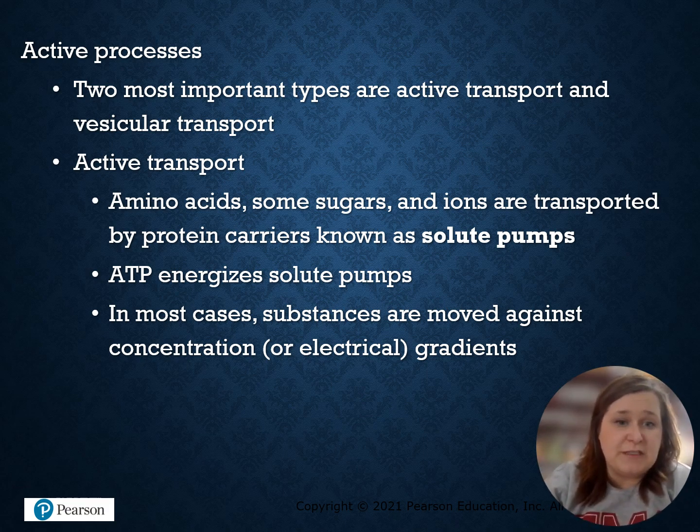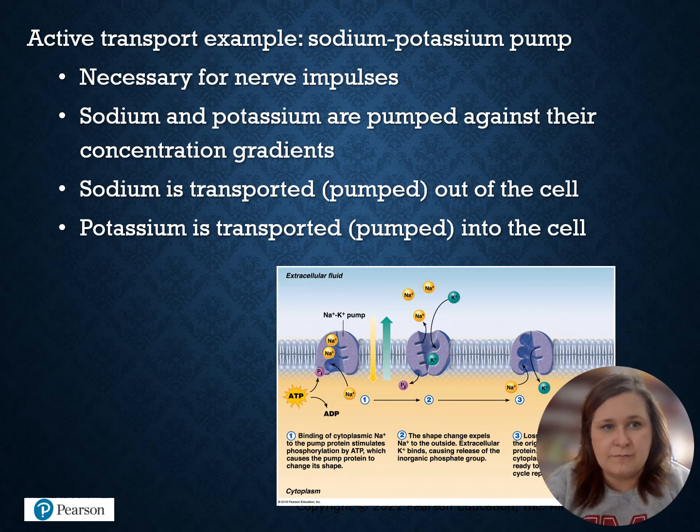So in active transport, amino acids, some sugars, and ions are going to be transported by protein carriers known as solute pumps. ATP is going to energize these solute pumps to make it to where they can do their jobs. And in most cases, substances are going to be moved against the concentration or electrochemical gradients. A really good example of this is going to be something like a sodium-potassium pump.